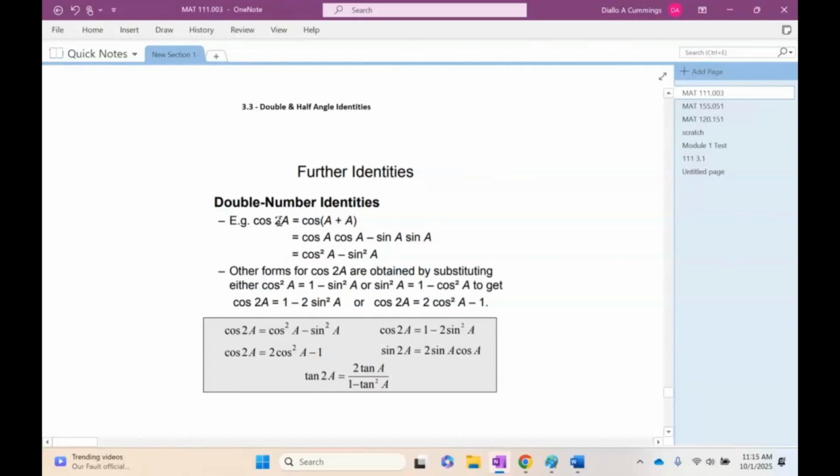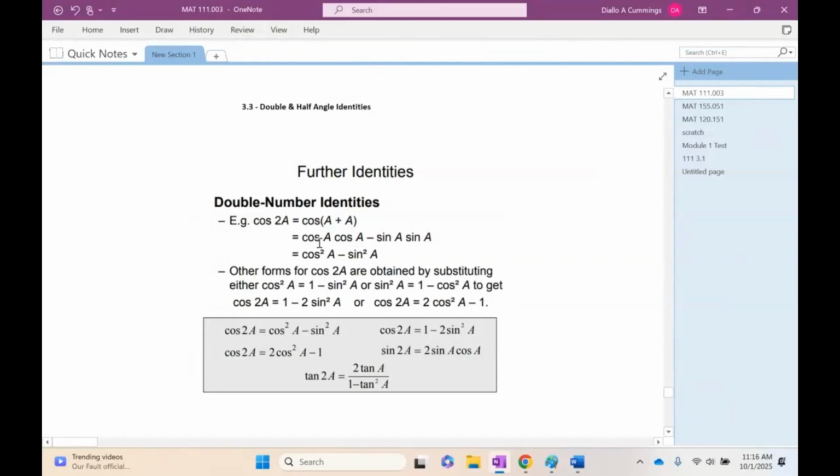So if you take cosine 2A, you can rewrite 2A as A plus A, right? And we saw last time, this is the setup for the sum of cosine formula.